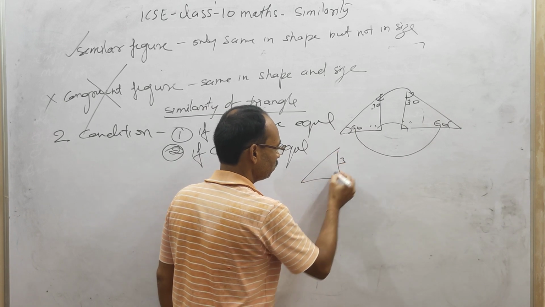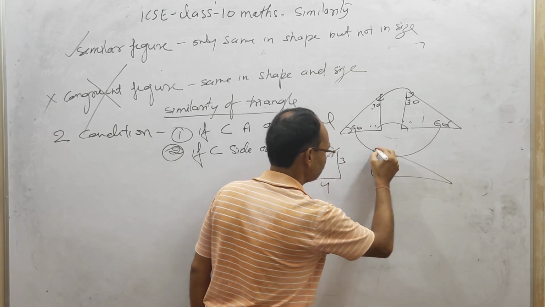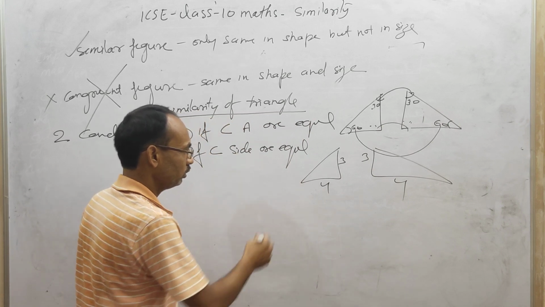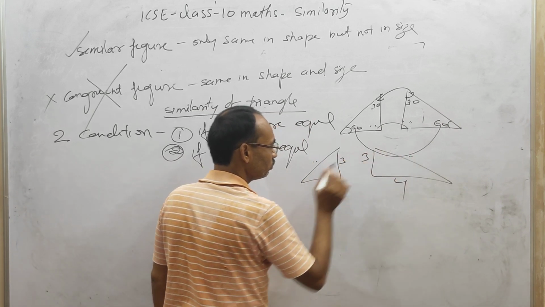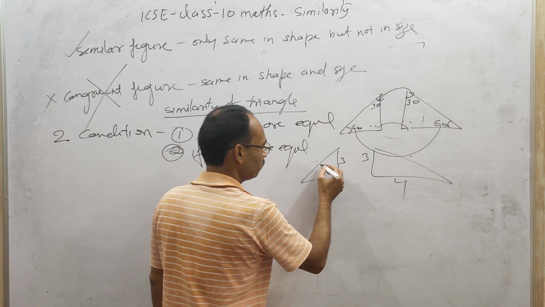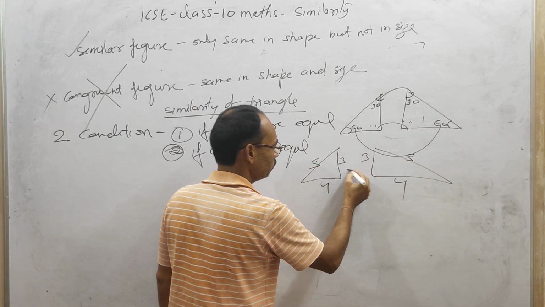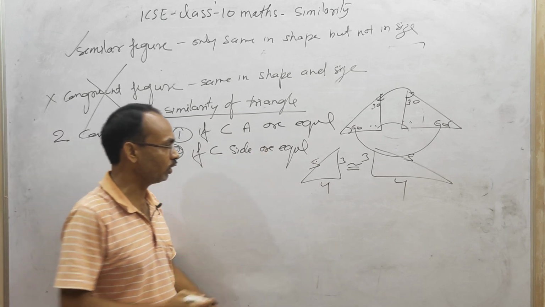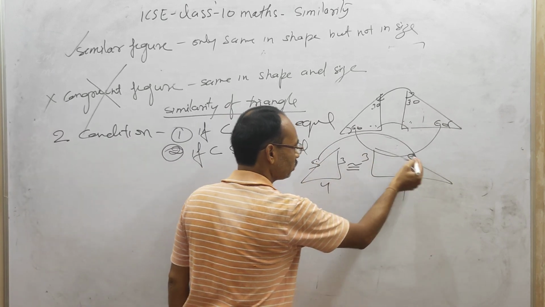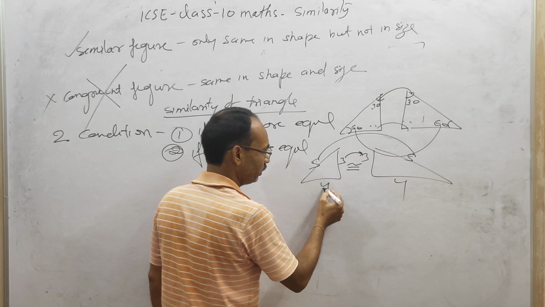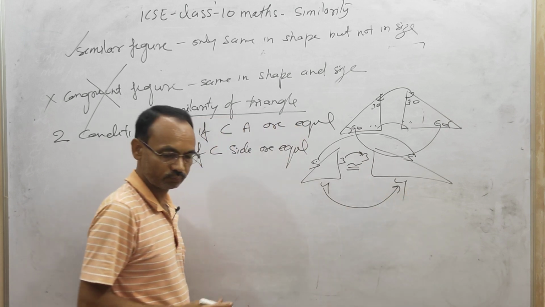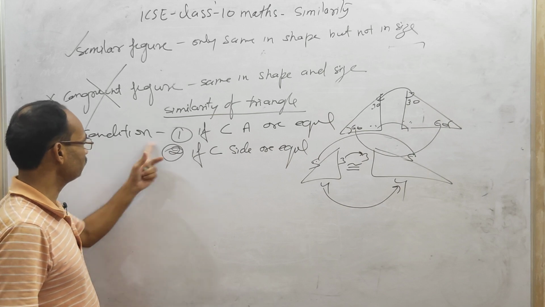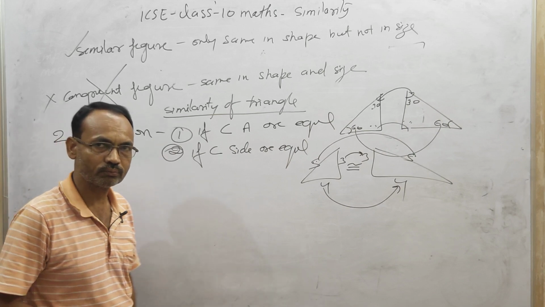If this is 3 and 4 and this is 3 and 4, then this figure is also the same, and this is 5, this is also similar. Corresponding sides are equal. This side equals this side, this to this, and this to this. So this is the condition of similarity.